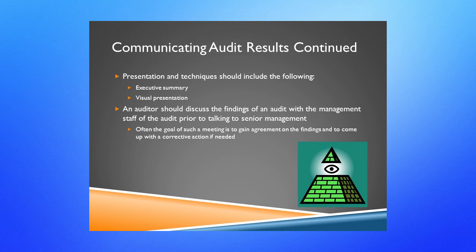But the big hope is not to get the rebuttal, but to have these meetings to get agreements on the findings and to use management to help you come up with corrective actions that you can then use before the final report as a part of your recommendations.